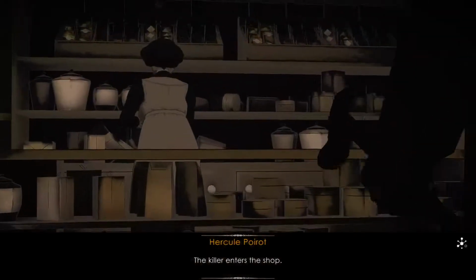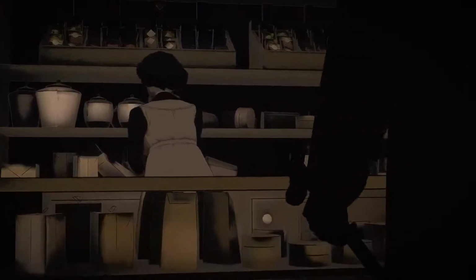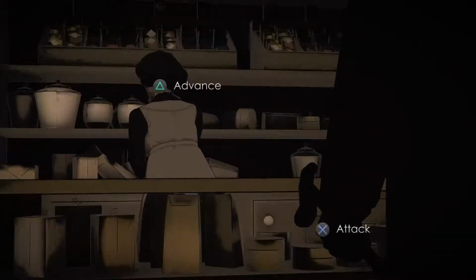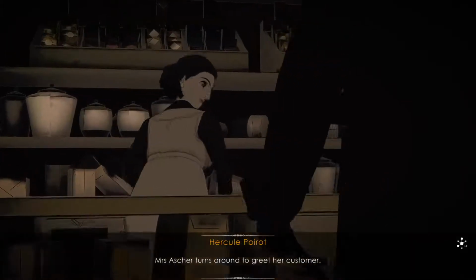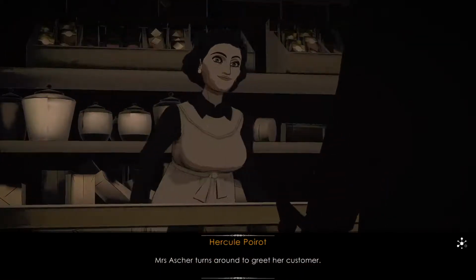Reconstruct the crime's course of events by selecting the actions that the killer may have executed. The killer enters the shop. Mrs. Asher turns around to greet her customer.